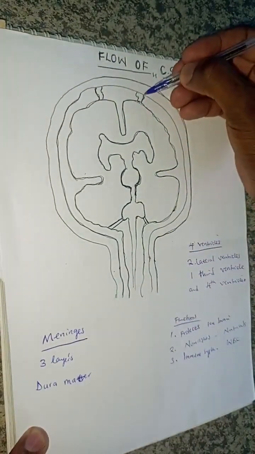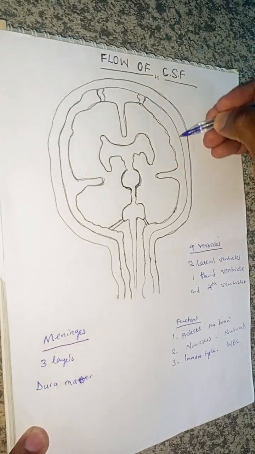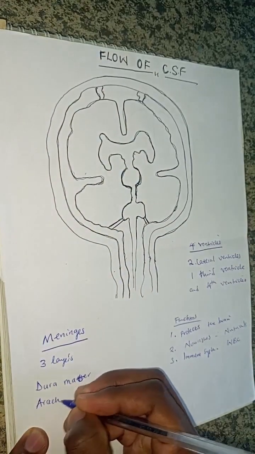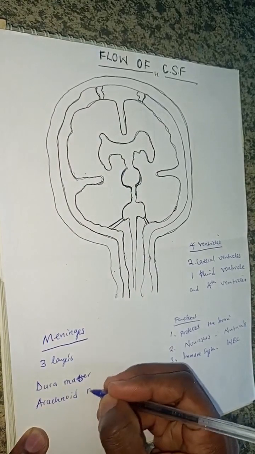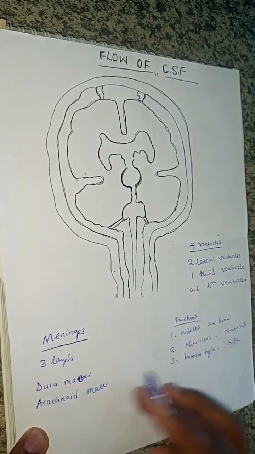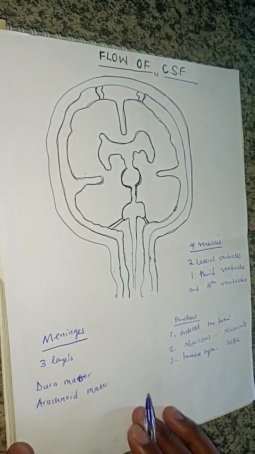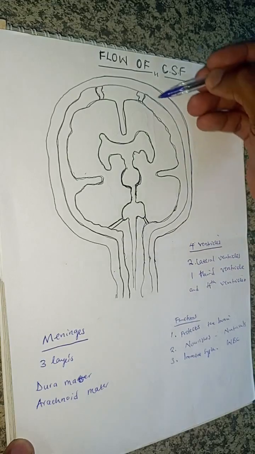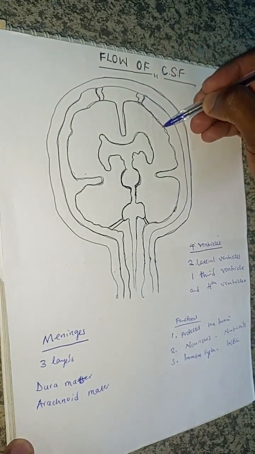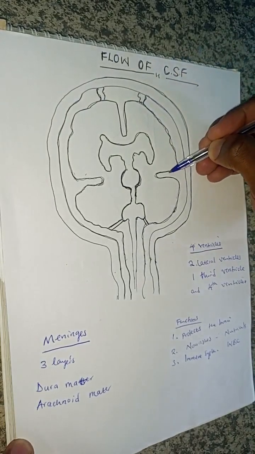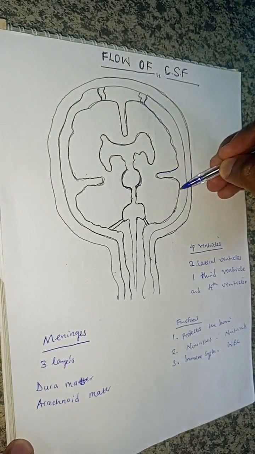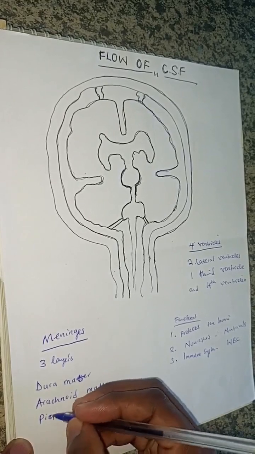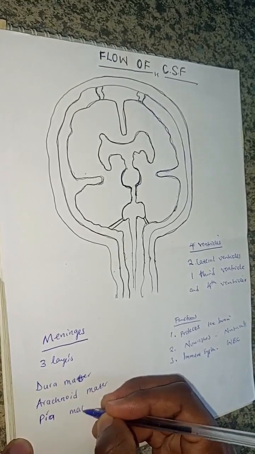Then the middle layer is what we call the arachnoid mater. Then the innermost layer of these meninges is what we call the pia mater.